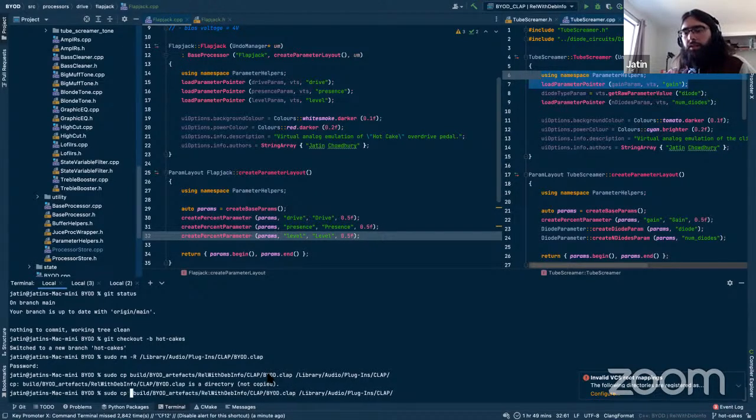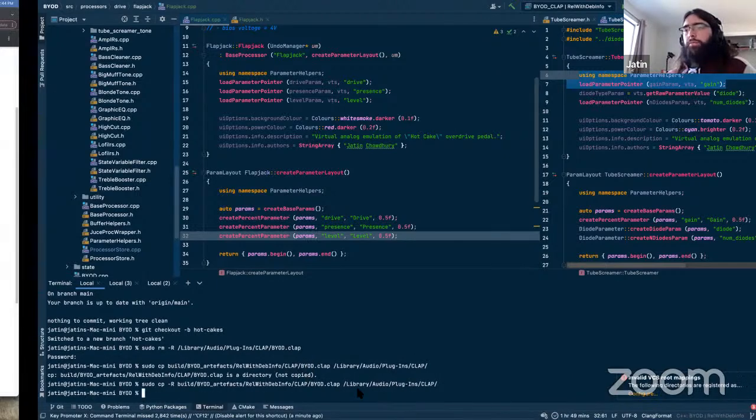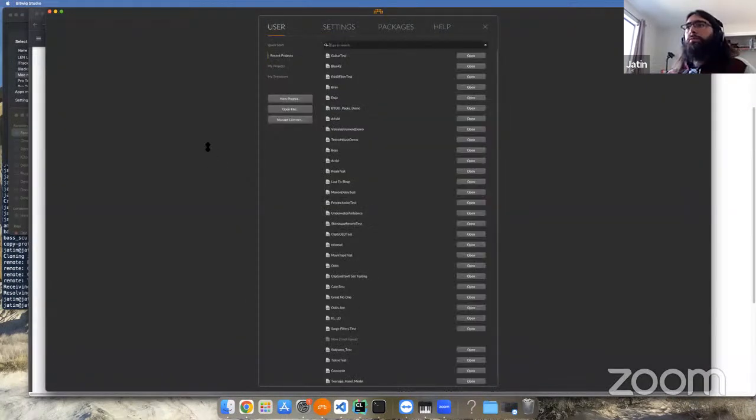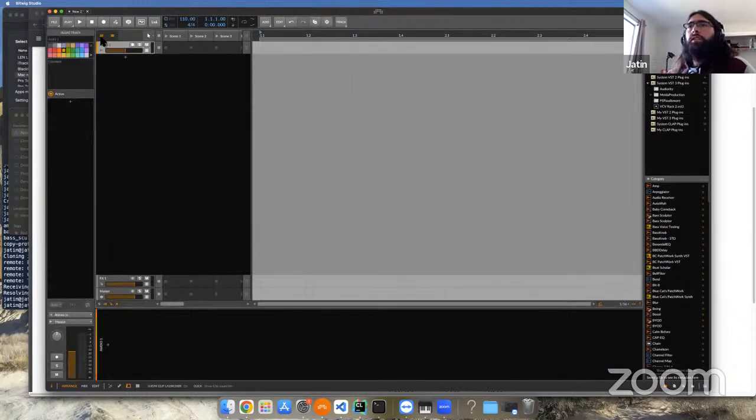But I need to do the -R. There we go. And so now I should be able to load the plugin and see the new pedal in there.